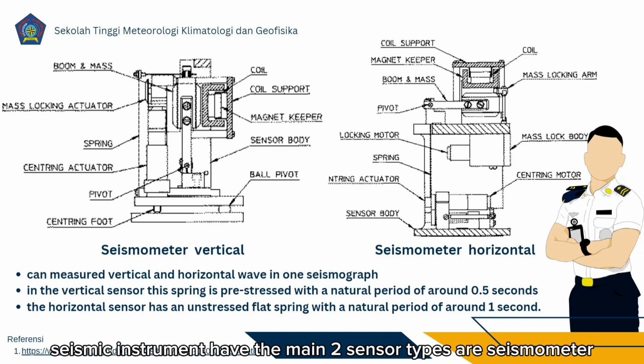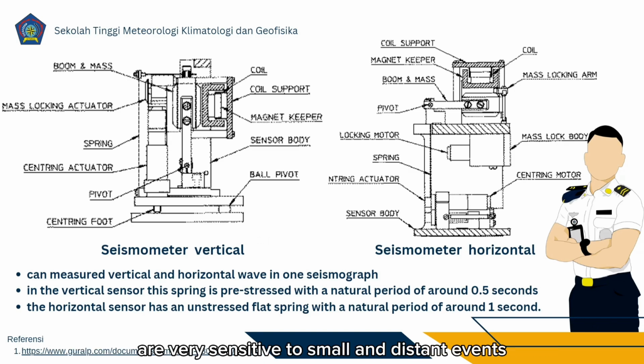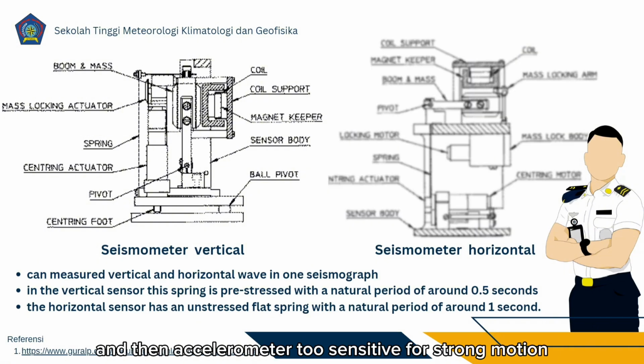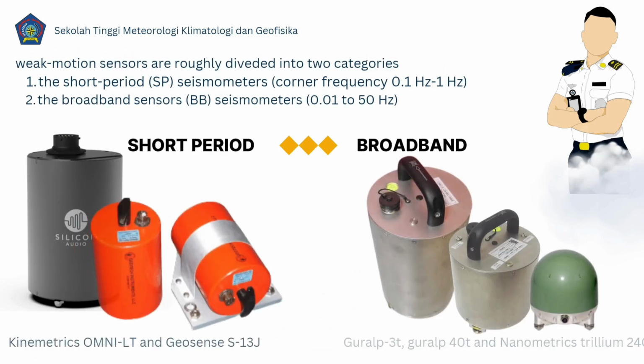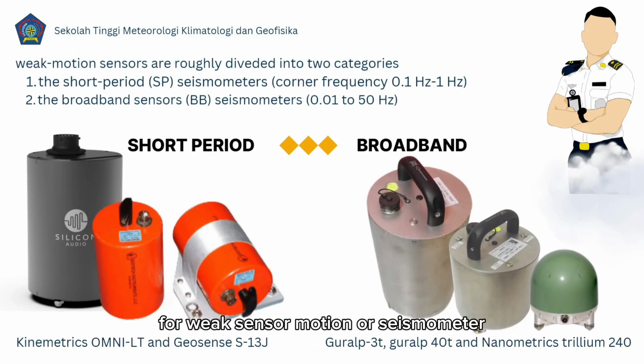Seismic instruments have two main sensor types. Our seismometers are very sensitive to small and distant events, and then accelerometers are used for strong motion. For weak motion, sensors or seismometers are divided into two categories.